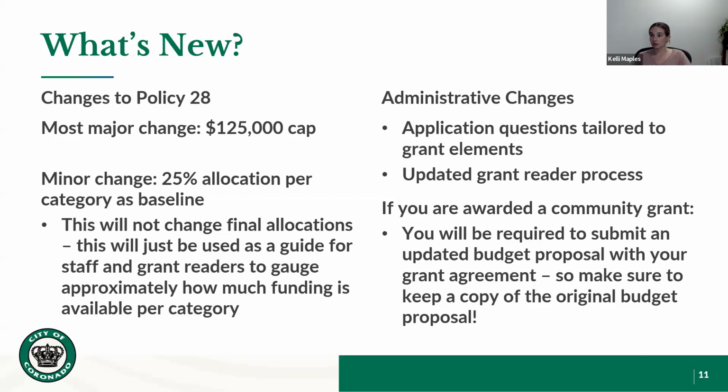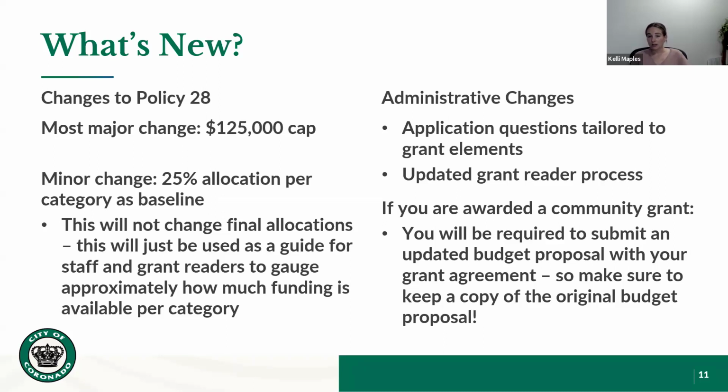And there was definitely some concern there of grant readers having different opinions and perspectives and drastically different scoring methods. So this year, we're going to work on having a consensus amongst the grant readers. I'll be administering that during the grant reader process and just having them discuss their scores in a little bit more detail, which should provide a little bit more clarity for grant applicants when they are questioning why they're getting the scores that they are.